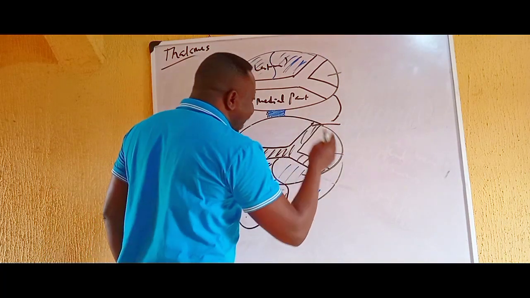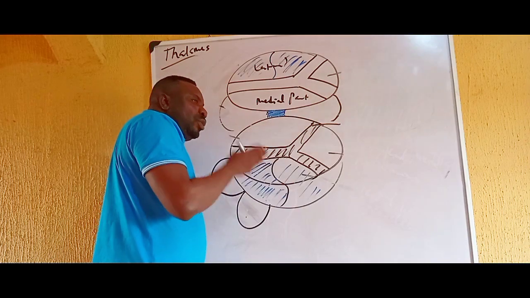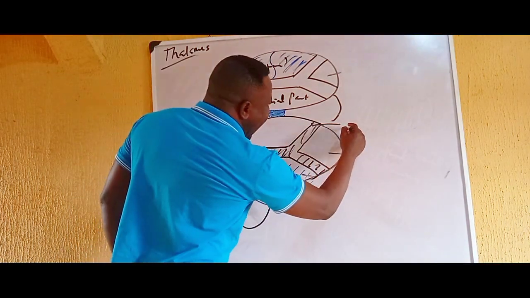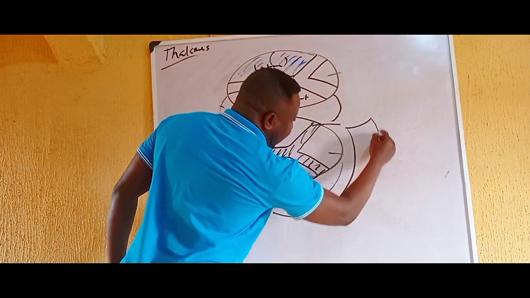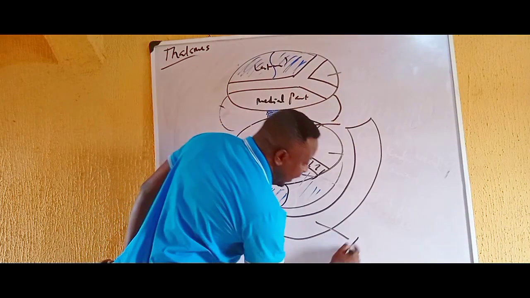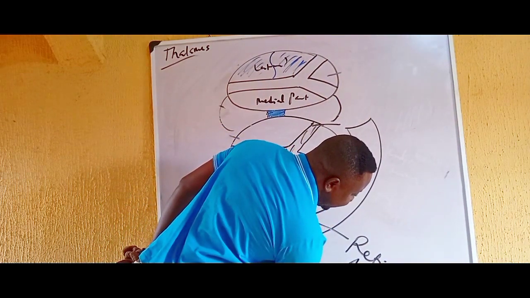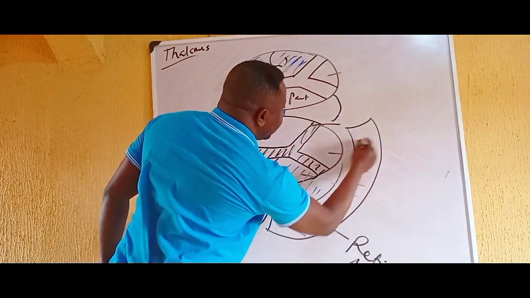Now, there is another nuclear group that is sandwiched between the external medullary lamina and the internal capsule. That nuclear group is actually called the reticular nucleus. This is the reticular nucleus.